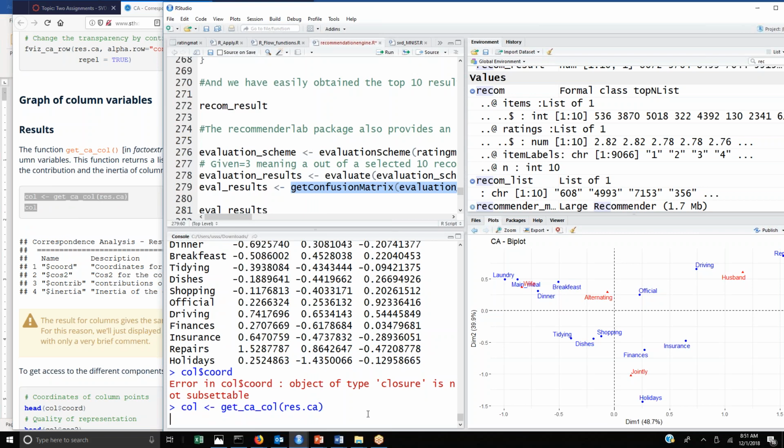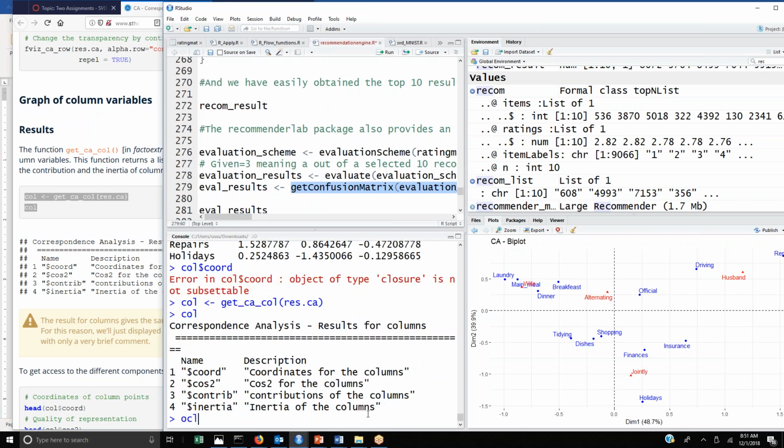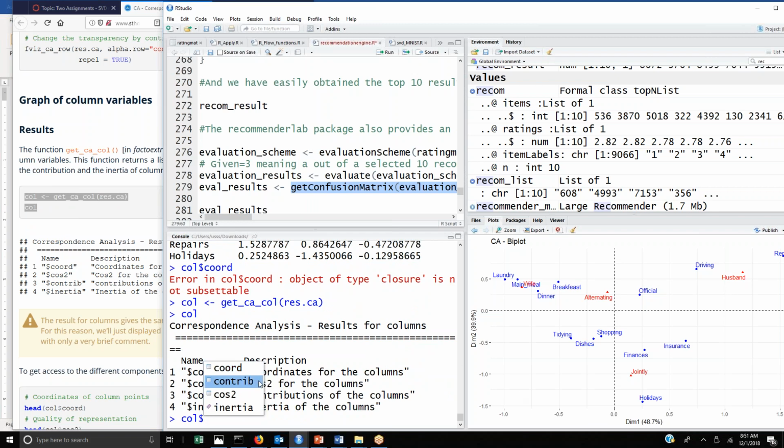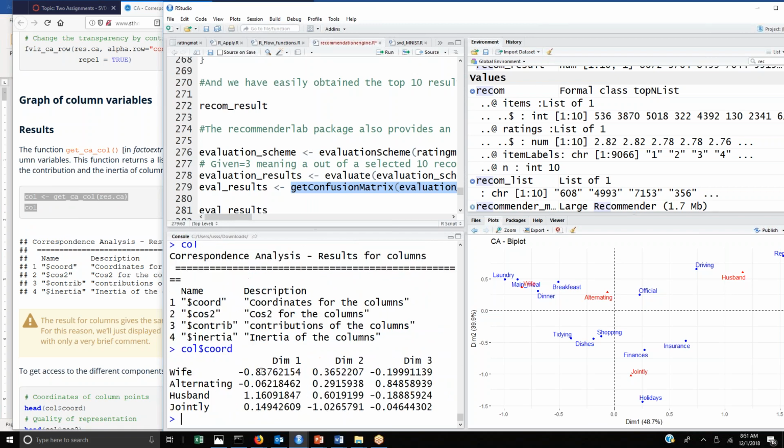There's a command in that package which gives me the column. So if I do the column dollar coordinates, it tells me the weights of those dimensions that defines the column singular vectors.